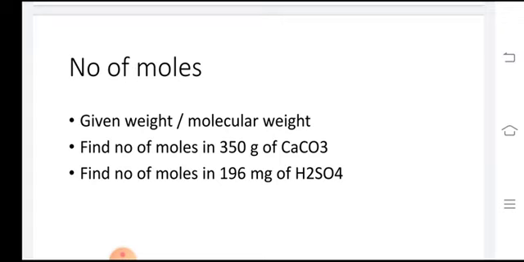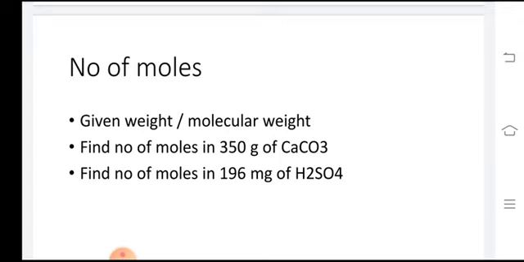The simple formula for finding the number of moles of a particular compound is the given weight of the compound divided by the molecular weight of that compound.